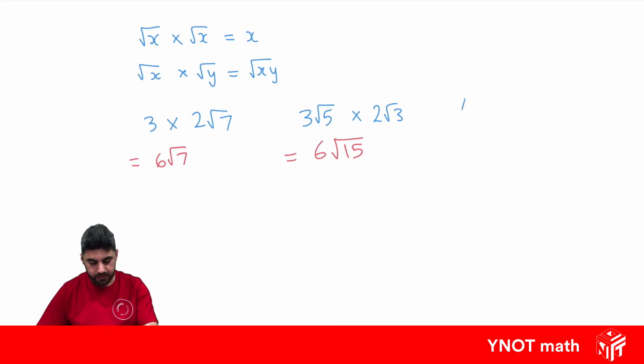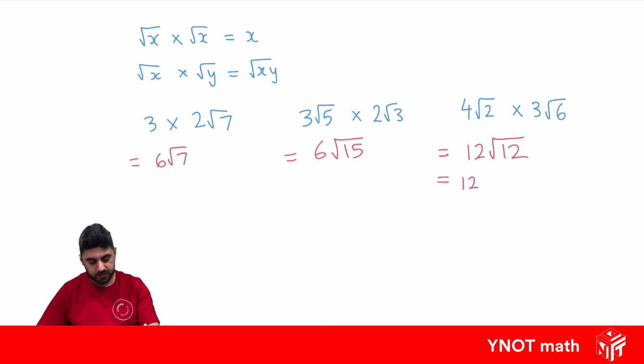What about 4 root 2 times 3 root 6? Multiply numbers out the front, so 4 times 3 is 12. Multiply surds, 2 times 6 is 12. So we get 12 root 12, but root 12 can be simplified because one of its factors is a perfect square.